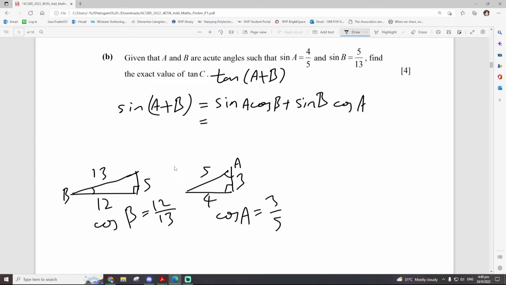You will get 4/5 times 12/13 plus 5/13 times 3/5. And you can simplify this a bit. So what you're going to get is 48/65 plus 15 over 65. So that will give me 63 over 65.